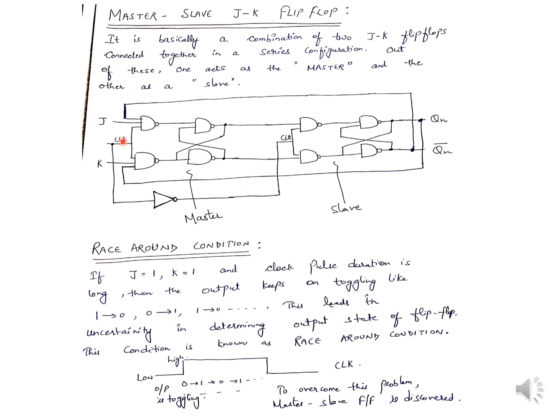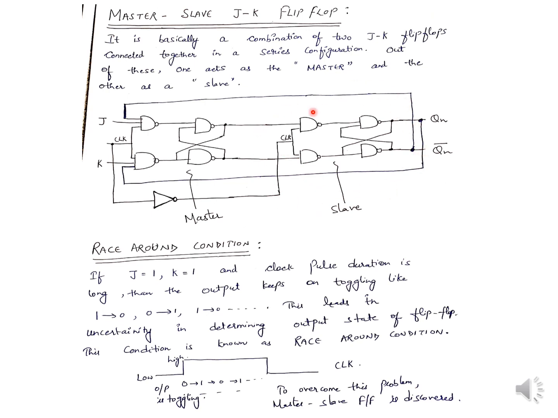This is one JK, this is another JK, and the output is fed as in the JK flip-flop. The main important thing to notice here is the clock of the 2 JK flip-flops. As you can see, this clock and this clock are connected with an inverter, or a NOT gate. What does that mean? If the clock pulse is high, that means if I am applying 1 here, then this 1 is going here, and due to this NOT gate we will get 0 here, and this 0 is going here.